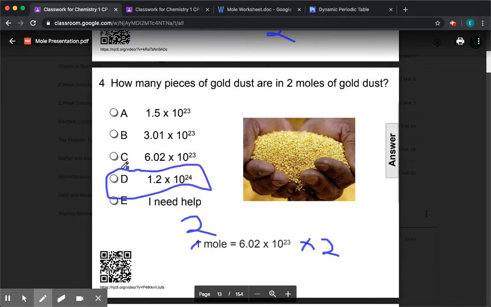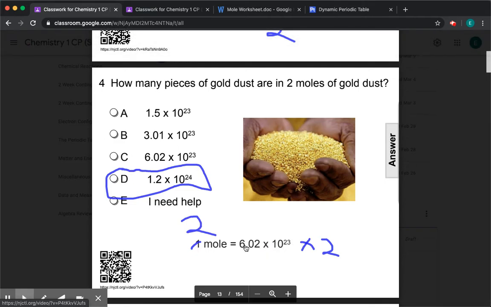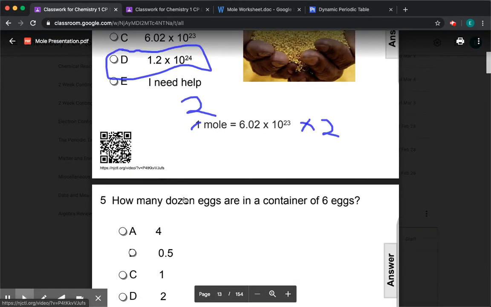This is D. Just take the mole value and multiply it by 2. If you have 2 dozen, you multiply 12 by 2. It's the same thing here. 1 mole, but we have 2 of them, so you have to double it. Put that in your calculator, multiply it by 2, and you get D.